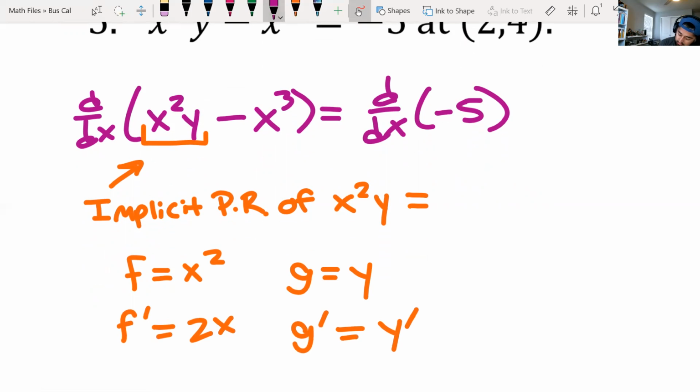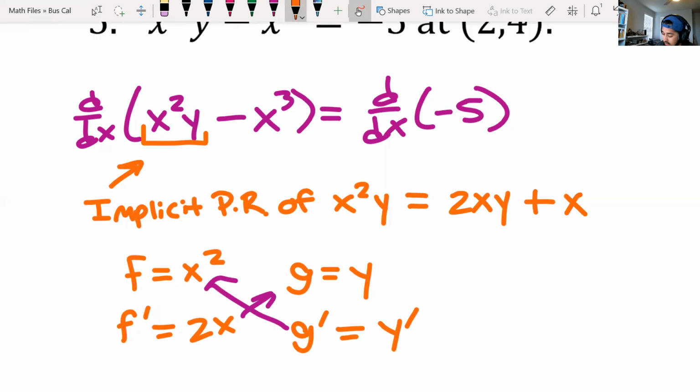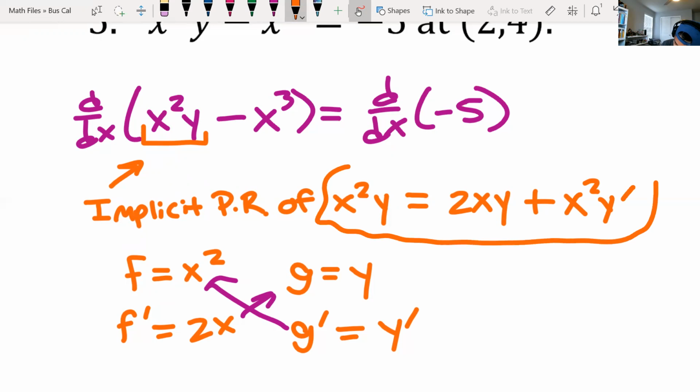And now just follow your product rule, 2xy plus y prime x squared, or I'm going to write it as x squared y prime. There we go.